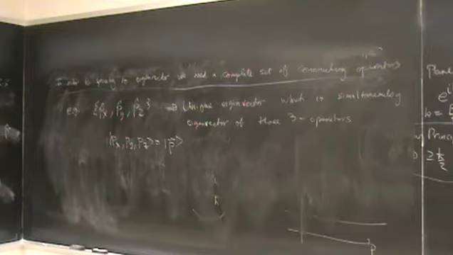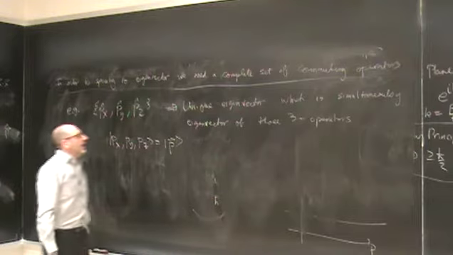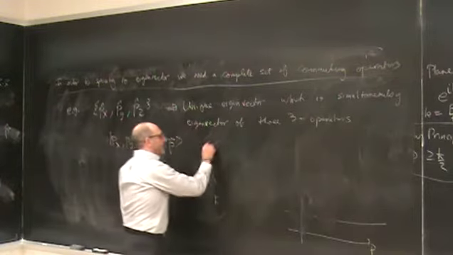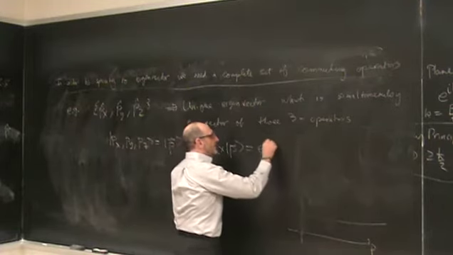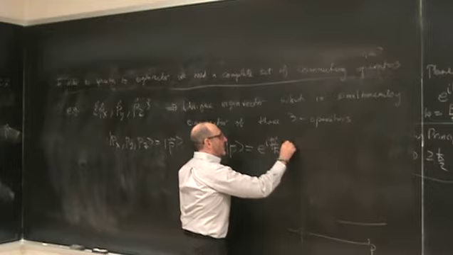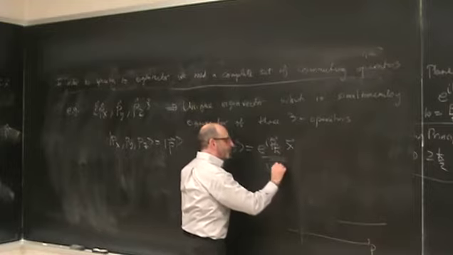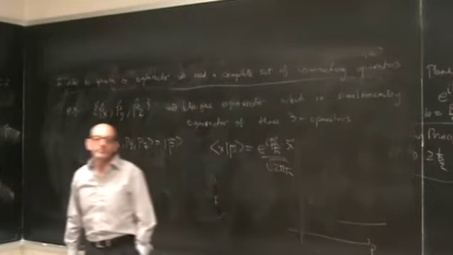Okay? And these are the plane waves. That is to say, these vectors are plane waves, and typically we normalize them with delta normalization.